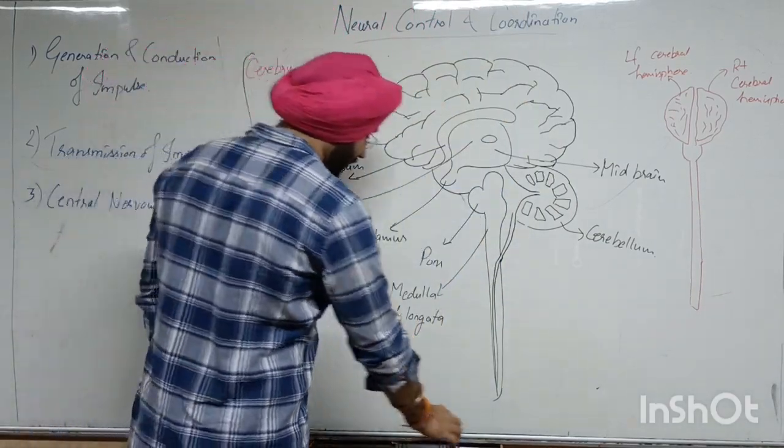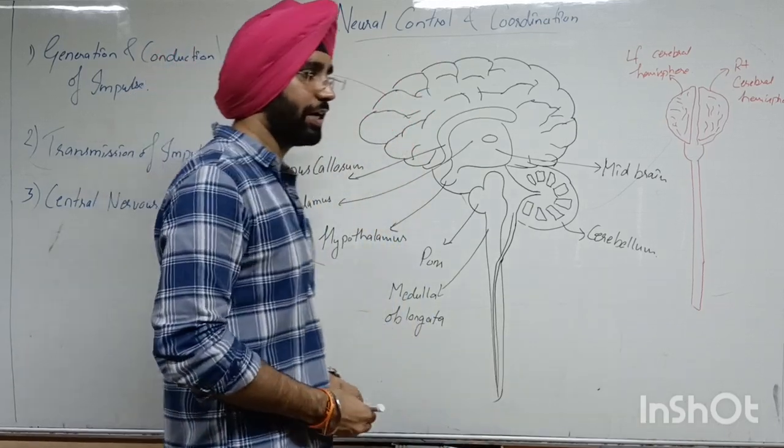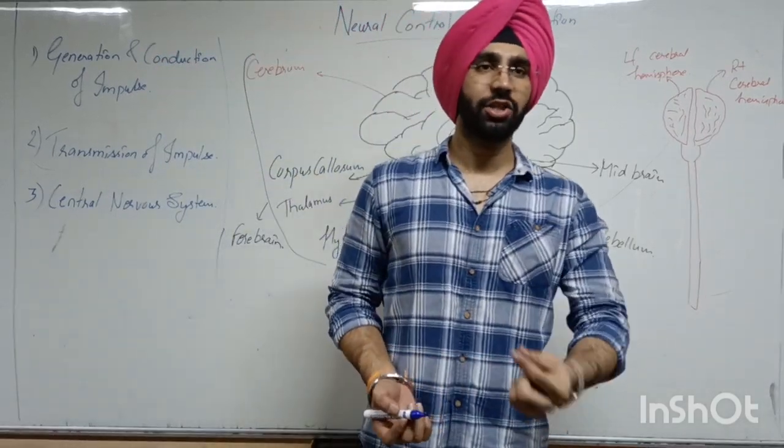So here we can understand hypothalamus is regulating the eating and drinking urges and temperature regulation.